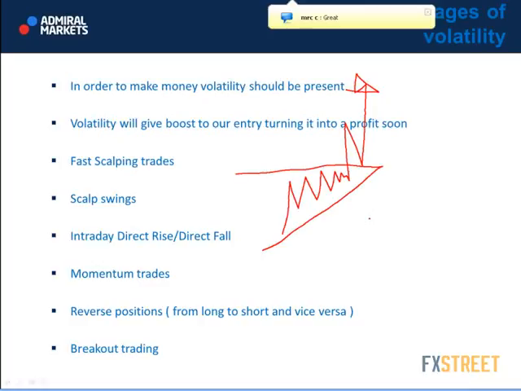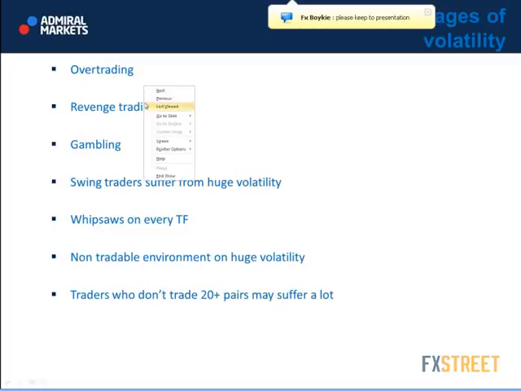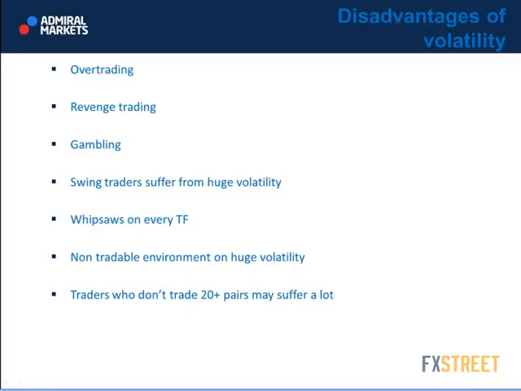So let me continue. Momentum trades, reverse positions, and breakout trading are very important if you want to make a breakout trade. Now, disadvantages of volatility are overtrading, which you should never ever do, and revenge trading, which is one of the biggest nemeses of a Forex trader.